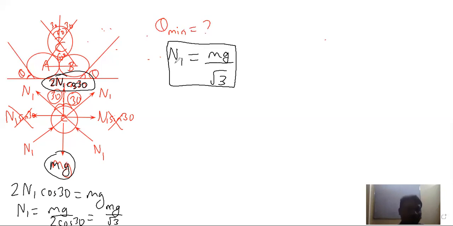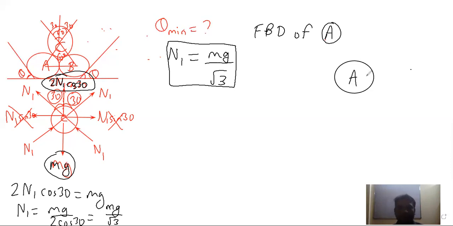Now, let us take the free body diagram of A. Let us draw this cylinder A. This is cylinder A. Now let us think about the forces acting on A. Of course, one force will be by the surface. The surface exerts a force as shown.